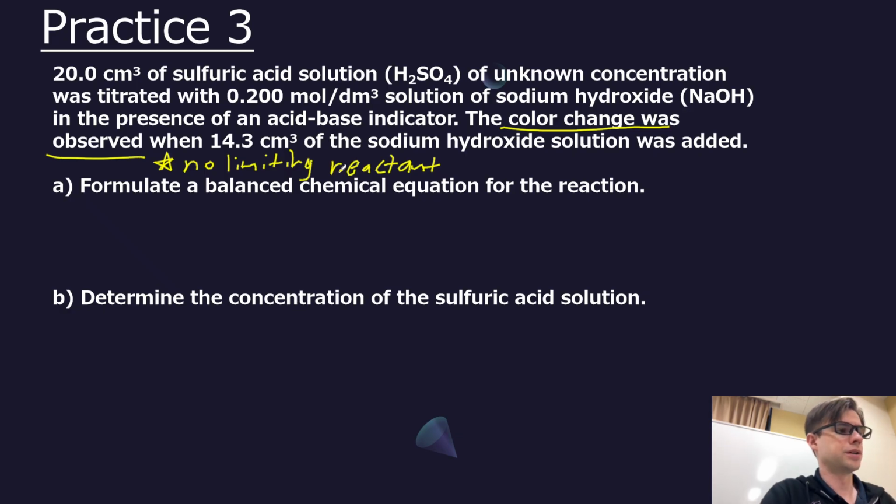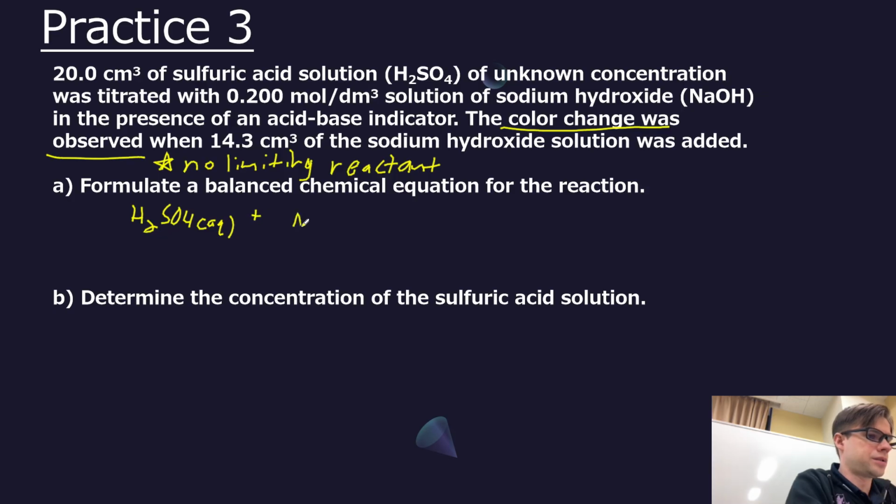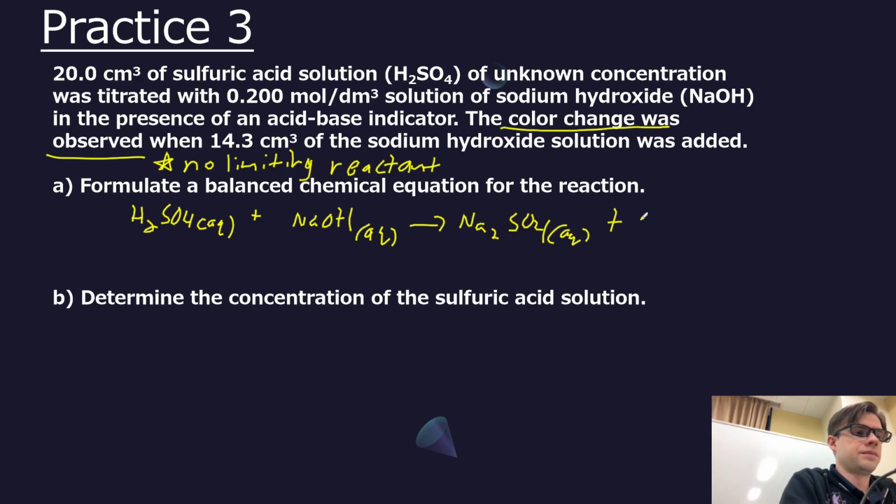All right, but we can still do this question. It's very similar. Formulate a balanced chemical equation for this reaction. Not too difficult. We've got strong acid H2SO4, aqueous, mixing with NaOH, aqueous, going to sodium sulfate this time, Na2SO4, aqueous, and water.